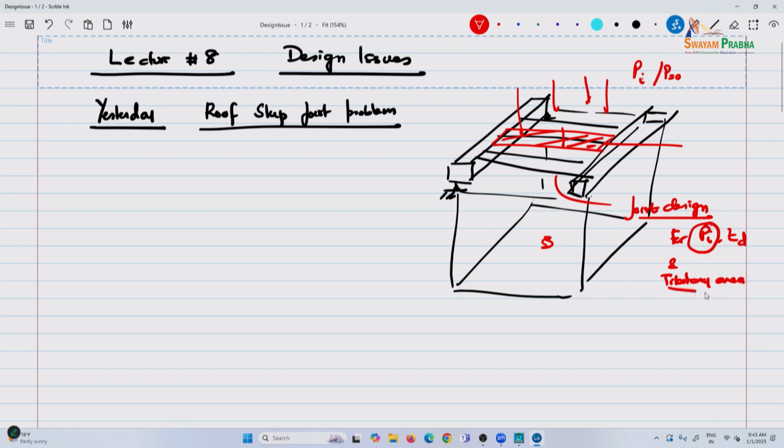So, when we come to the girder itself, the girder will feel the reactions. So, let's say this is 1, 2, 3 and 4. So, the girder is designed for dynamic reactions.